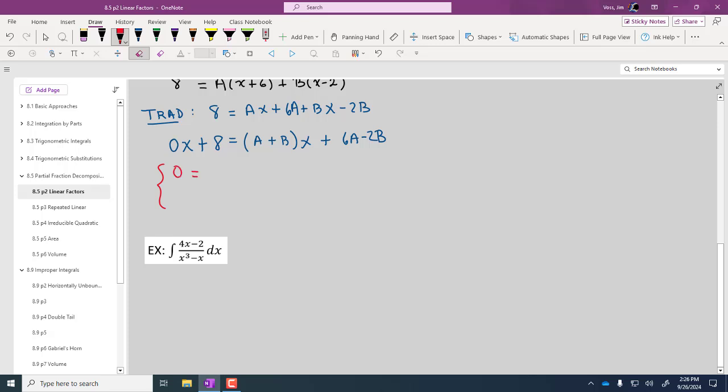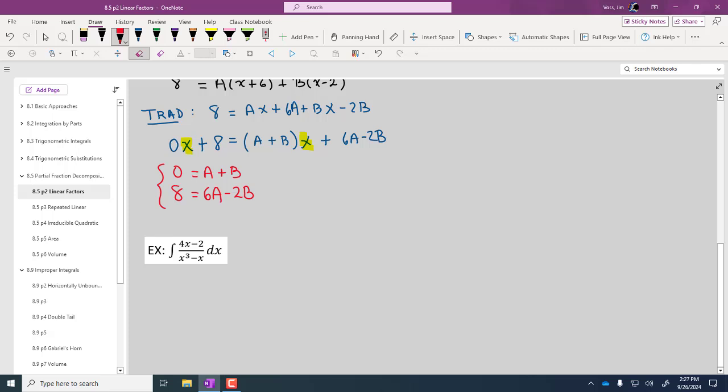So the coefficient of x on this side has to match the coefficient of x on the other side. So A plus B is 0. And similarly, the constant on the left, which is 8, has to match the constant on the right. The constant on the right is the stuff with no x's, so that's 6a minus 2b.